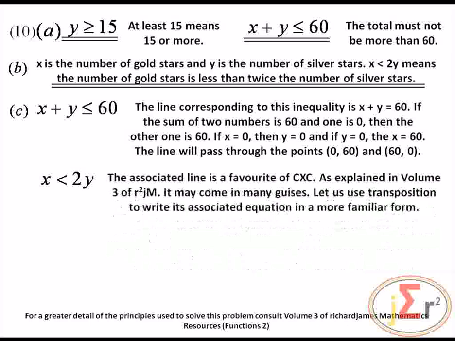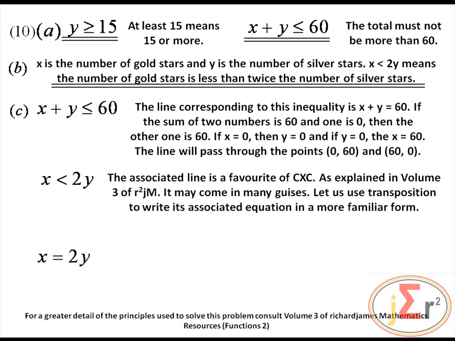What about that one? The associated line is a favorite of CSEC. As explained in volume 3 of Richard James Mathematics Resources, which is R²JM, it may come in many guises. Let us use transposition to write its associated equation in a more familiar form.